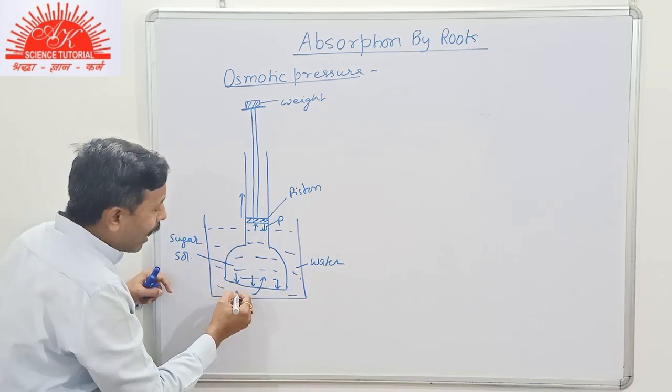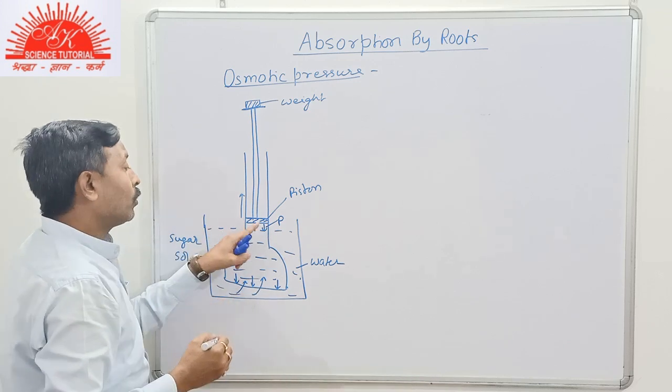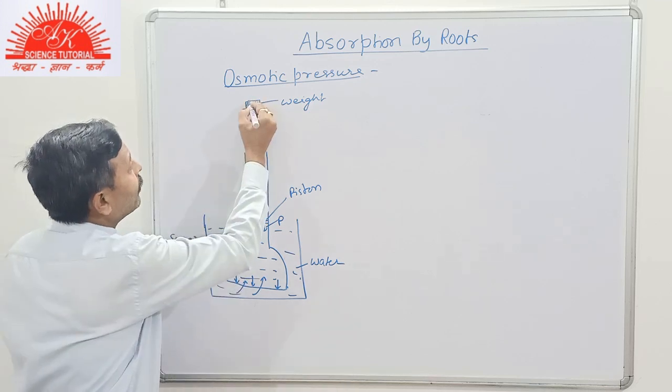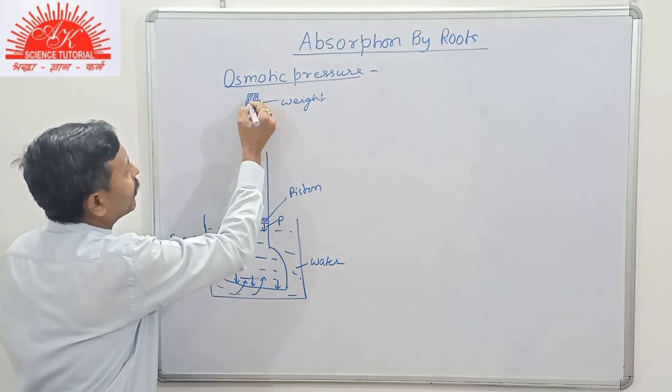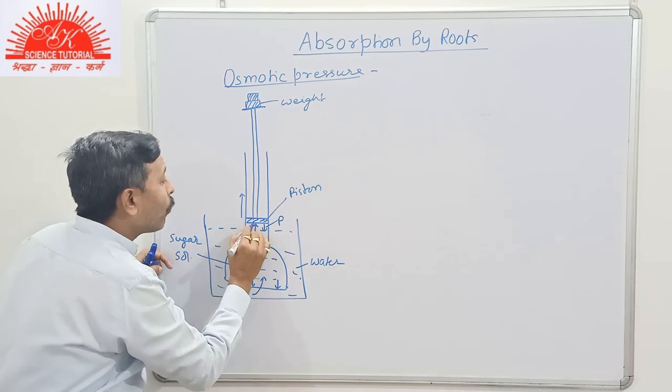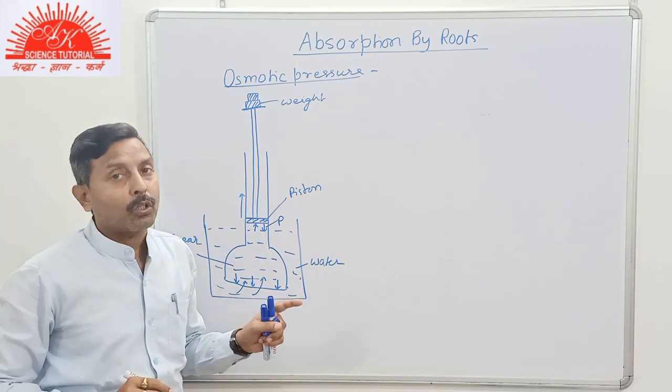So gradually after some time we see that this movement slows down. Now further place some more weight over it. And then finally we see that the upward movement of the piston stops.